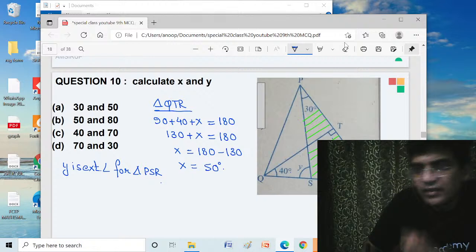So these two are the interior opposite angles. So y is equal to 30 plus x, and x over here is 50. So y is equal to 30 plus 50, that is 80. Hope this is clear to you now.